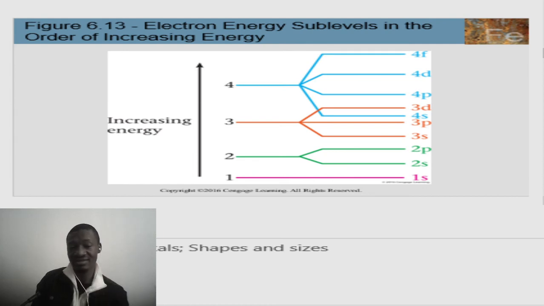So that's the order for them. And once you're writing it down, take for example hydrogen, you just write 1s1, because it can take 2. For helium it's 1s2. So that's the idea, you keep on going as such.